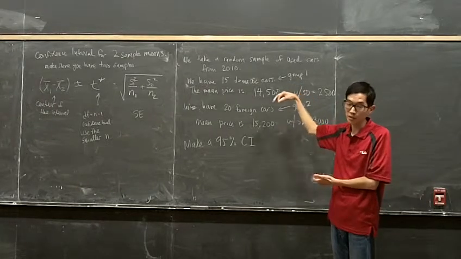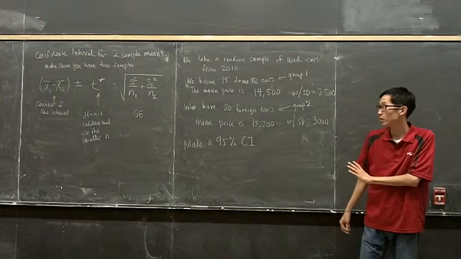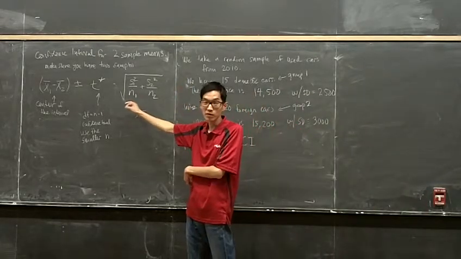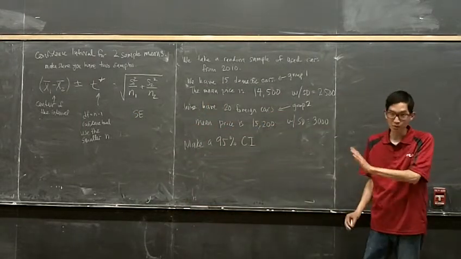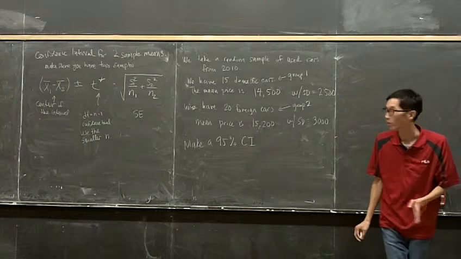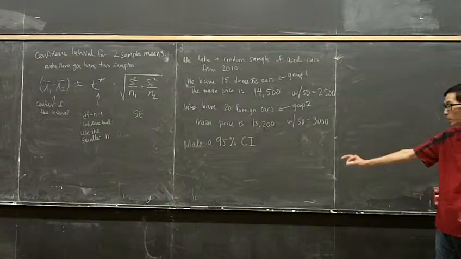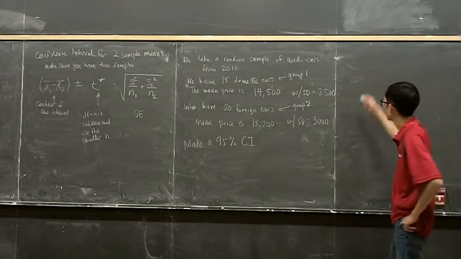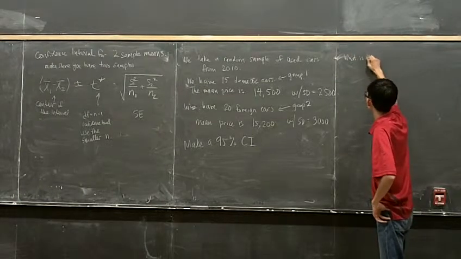You see two samples, so I'm dealing with two sample means. Once you figure that out, you know what to use for your confidence interval. If you get that part wrong, you're going to be using the wrong thing, so don't do that. All right, so what is the center of the confidence interval?